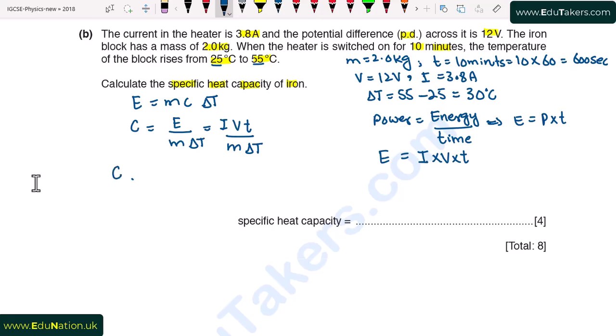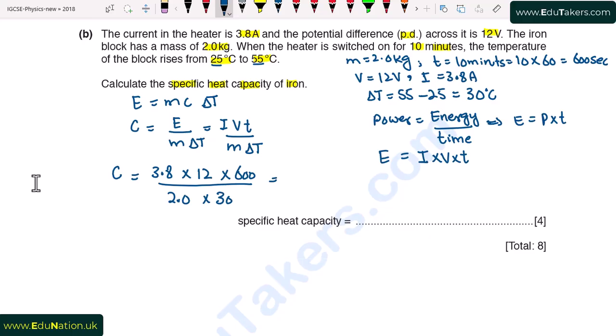So the value of c comes to be, the value of current is 3.8 multiplied by potential difference 12 volt and time 600 seconds, divided by mass 2.0 kg multiplied by change in temperature 30 degrees C.